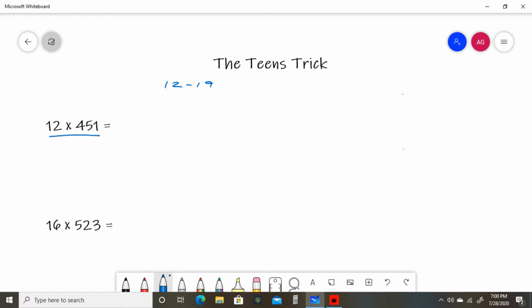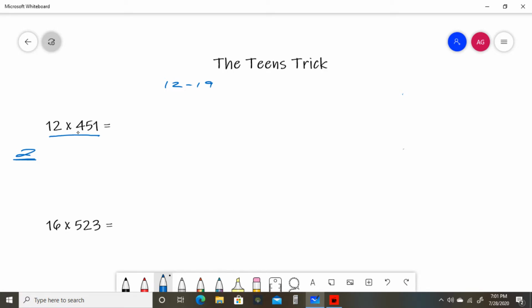So first thing you want to take note of is the units digit of the teen. I know 12 technically isn't a teen, but it's still useful on the teens trick. So the units digit of our teen is going to be 2, and we're going to use this throughout the entire process. Next, look at the units digit of 451, or the number that we're multiplying by the teen.